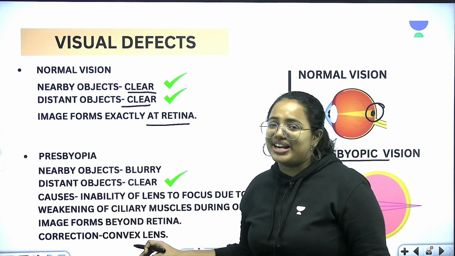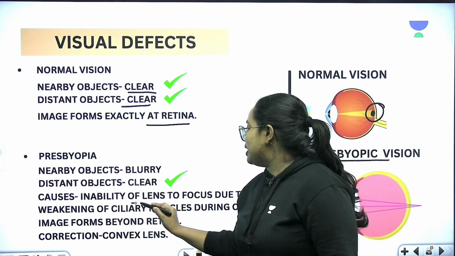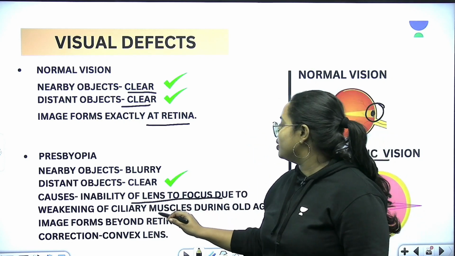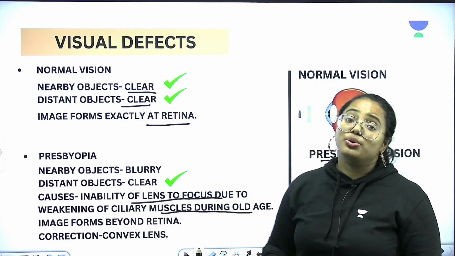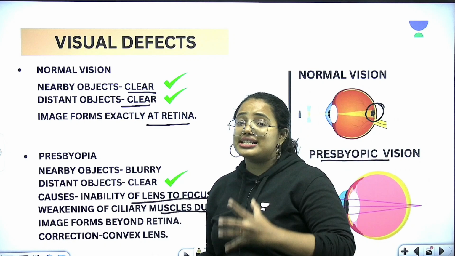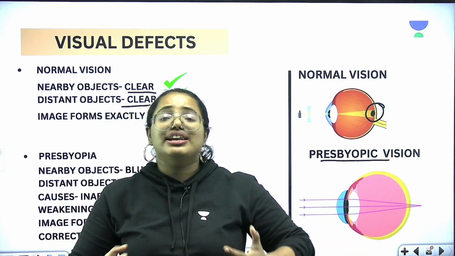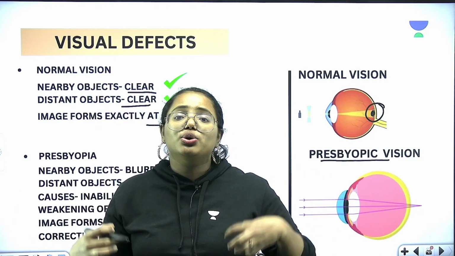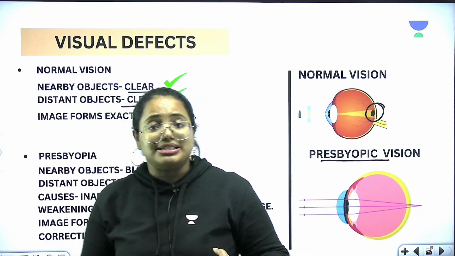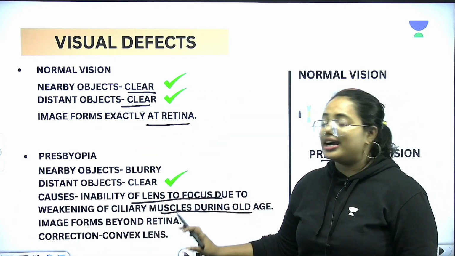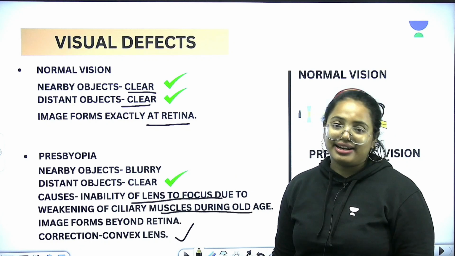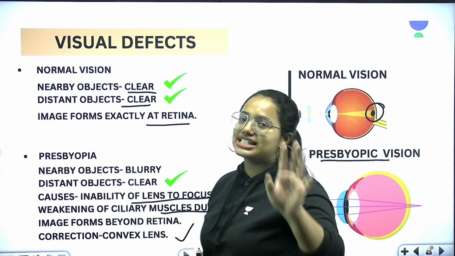But the reasons are quite different here. Inability of lens to focus due to the weakening of ciliary muscles during old age. So this is happening to old age people where they have an inability to focus due to the weakening of their ciliary muscles. So this can be corrected using a convex lens again. Clear? So I hope everyone is clear with this point.